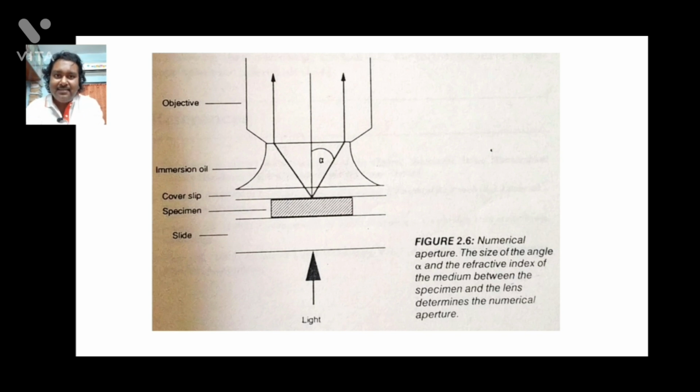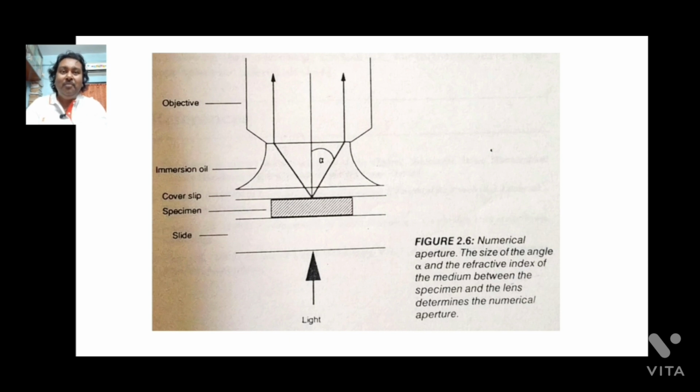For that reason, the numerical aperture for the oil immersion objective is 1.4, and in the case of dry objectives, that is 4x, 10x or 40x, the maximum numerical aperture is 0.96, because the theta value is lesser and air is present.